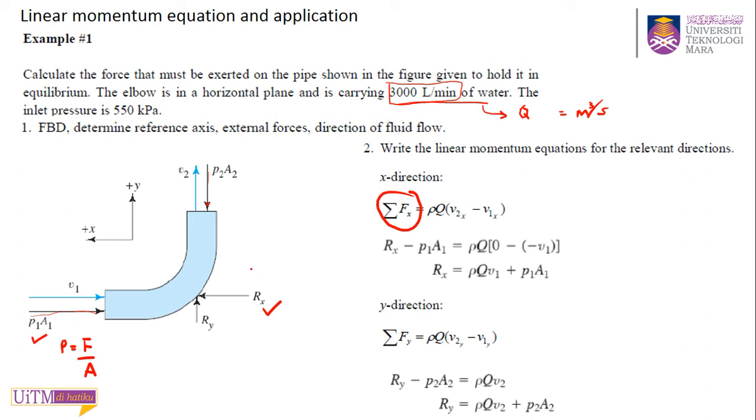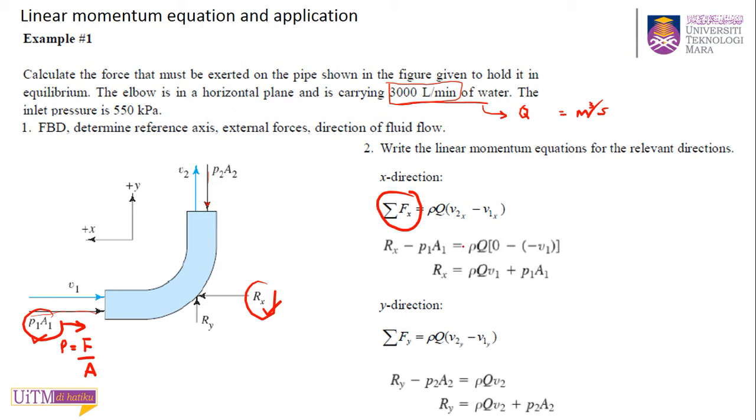Because you take the left as positive, Rx is positive, minus P1A1 because P1A1 is moving to the right, so that's why you minus. You need to add everything, it's a summation of force, and because this one is moving to the right, that's why it is minus P1A1.